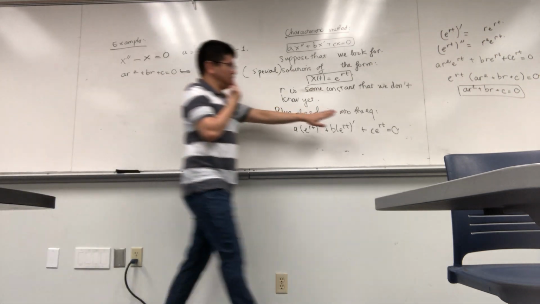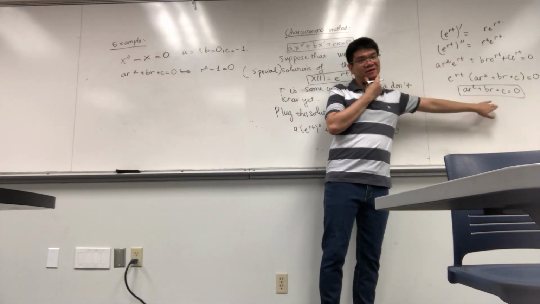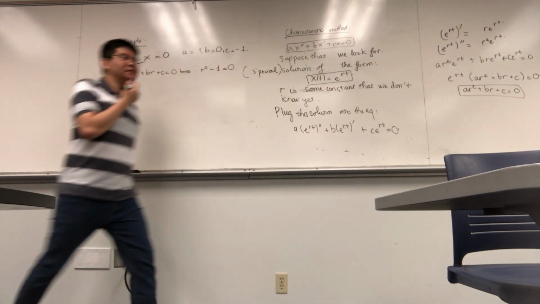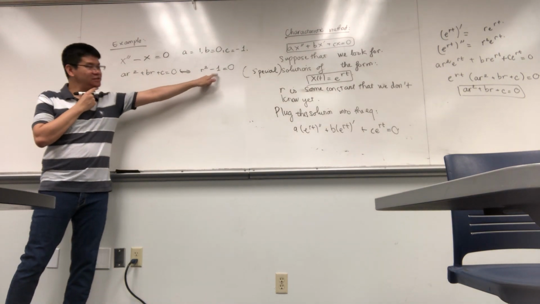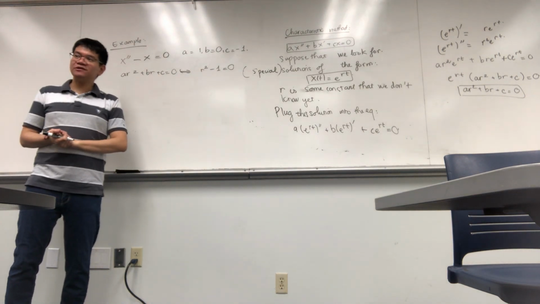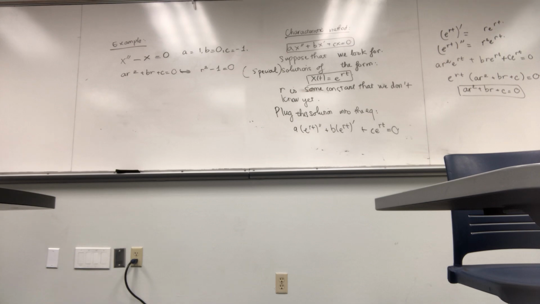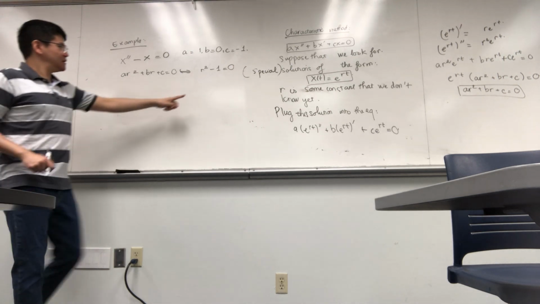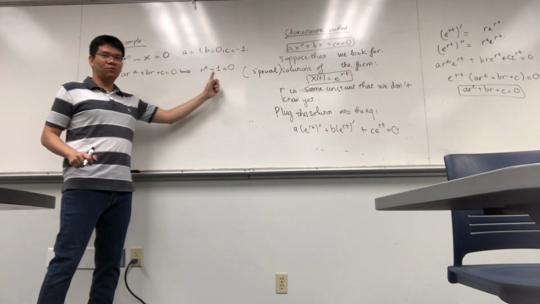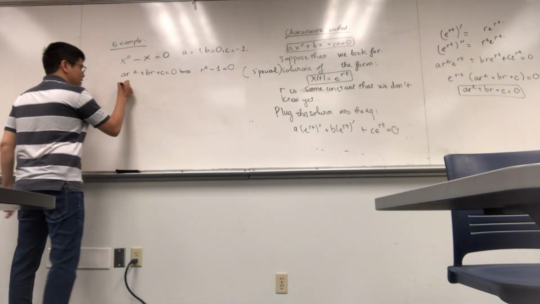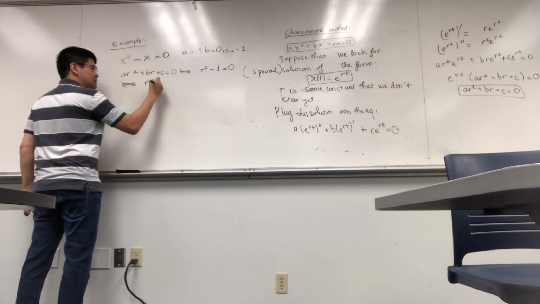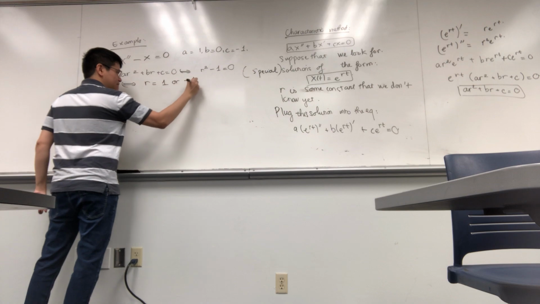The equation that we found here is a r squared plus b r plus c, meaning that r squared minus 1 is 0. So what are the solutions of the differential equation in this case? Yes? Excellent. So now you have r squared minus 1 is 0, meaning that r is 1 or minus 1.